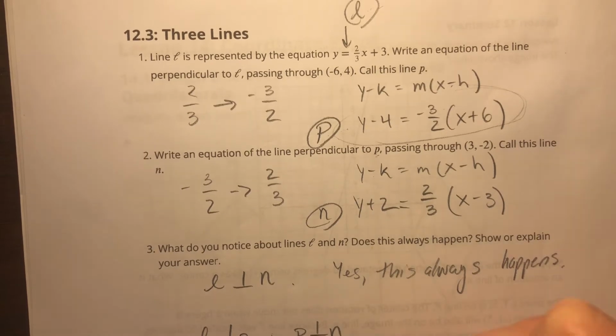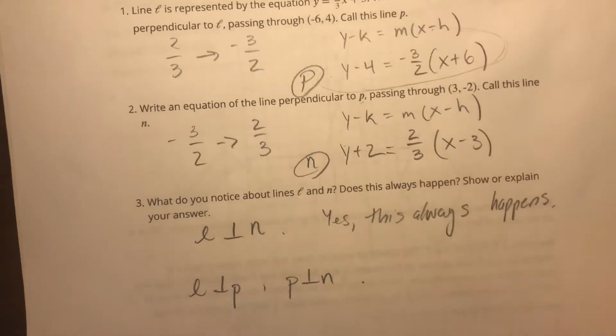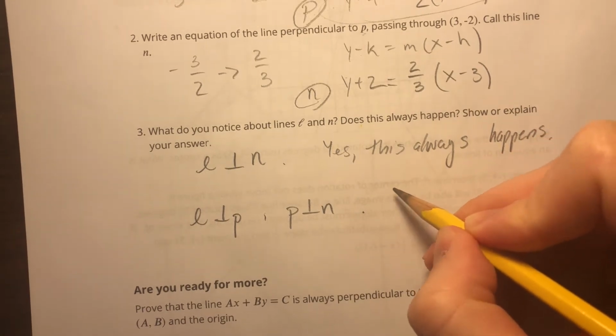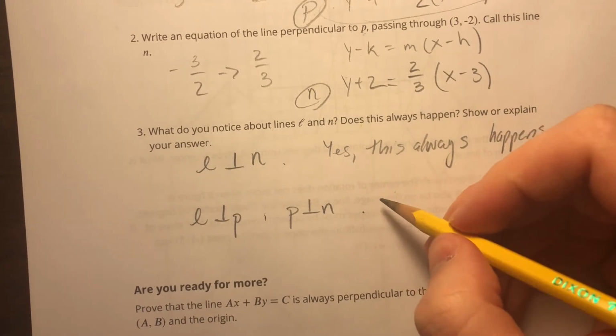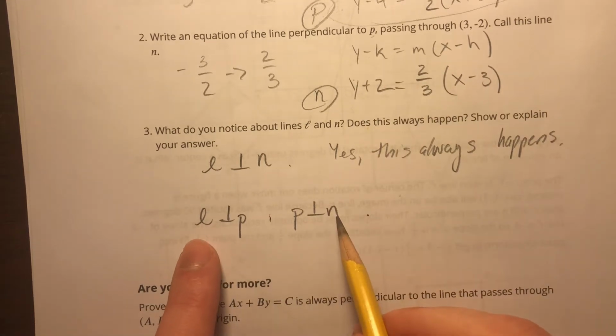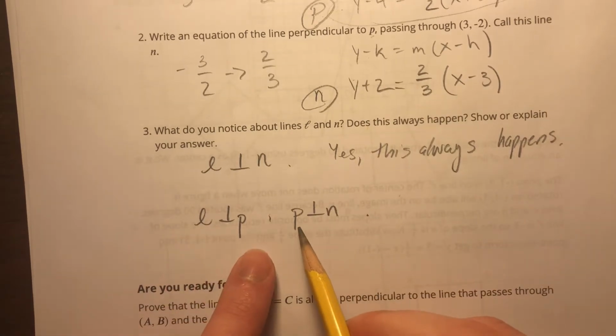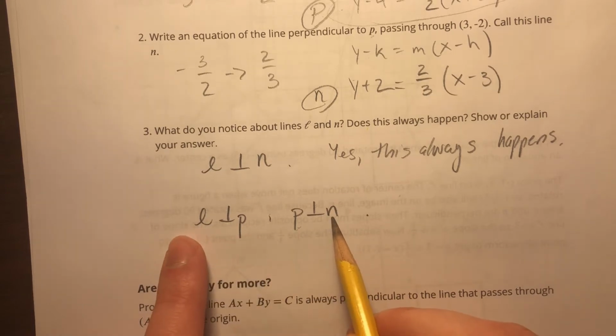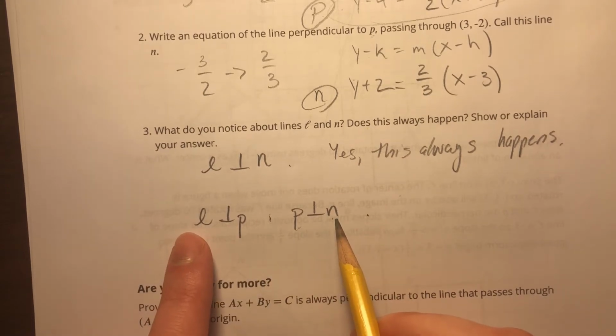So what they're really trying to say is, if L and N are both perpendicular to the same line P, then what has to be true about L and N?